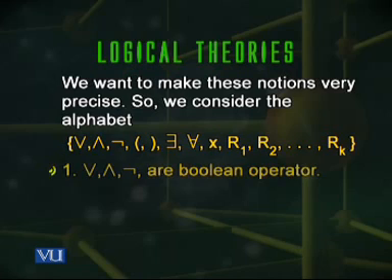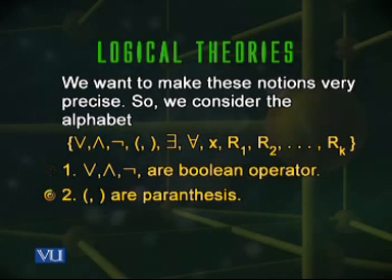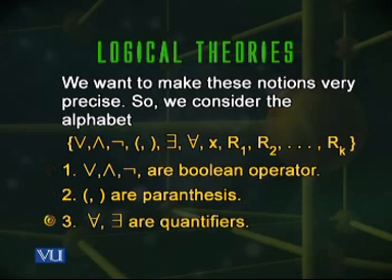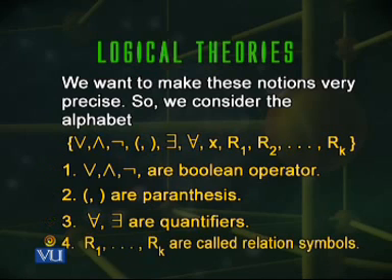Well, as you know, or, and, and negation are Boolean operators. We have two parentheses. We have two things which we are going to call quantifiers. One of them is for all, and the other is there exists. These are the two quantifiers we will have. And then we will have things called relation symbols. They will be denoted by R1 all the way up to Rk.